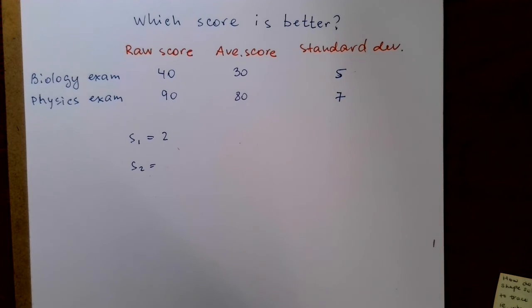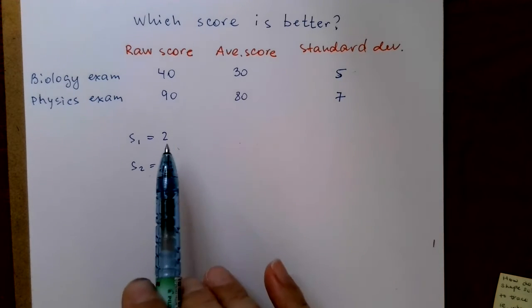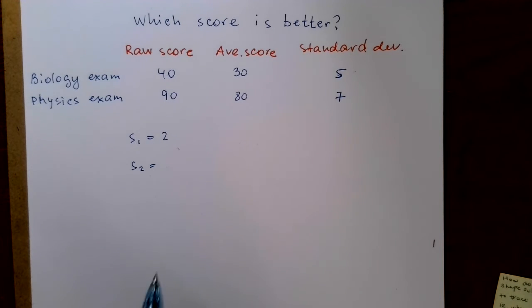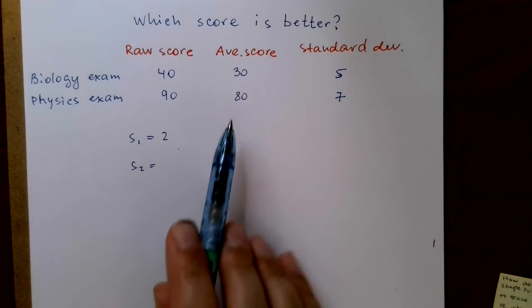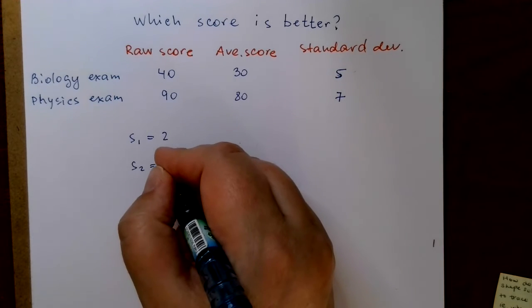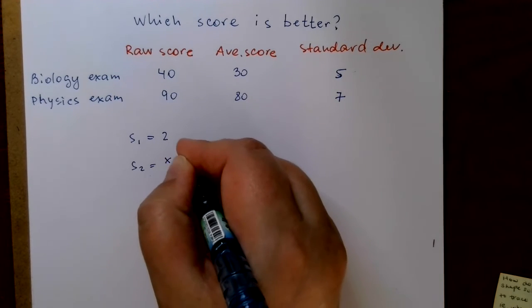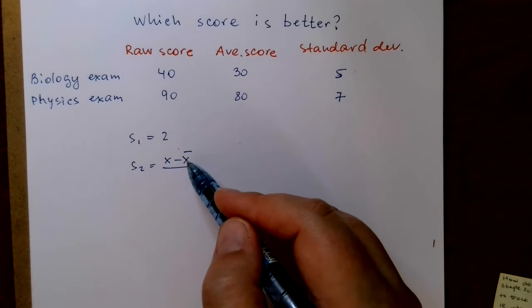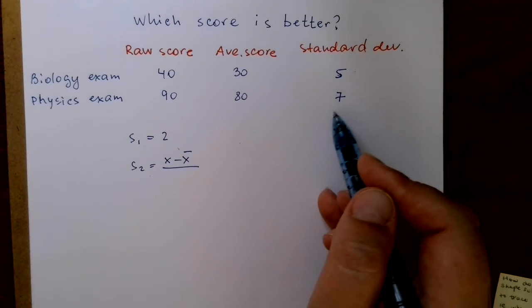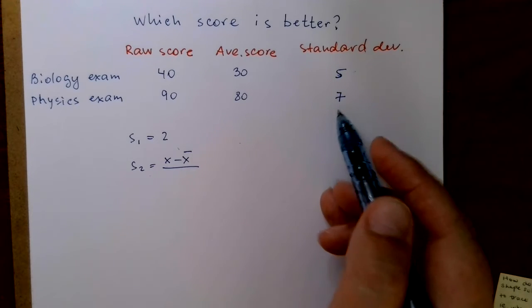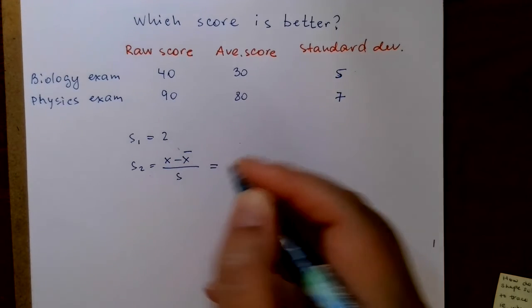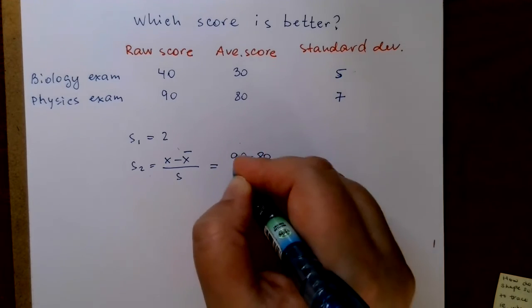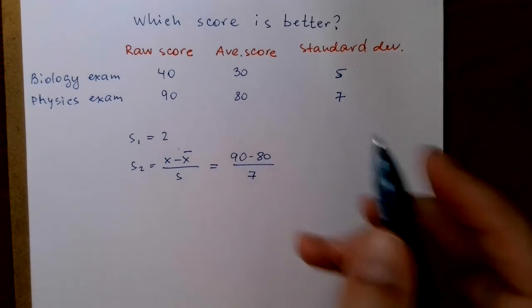Well, turns out we have a formula. So we find the actual distance between 90 and 80. So we have x minus the mean, and now we divide this distance by the unit step, by the standard deviation. So for this score, we're going to have 90 minus 80 divided by 7.